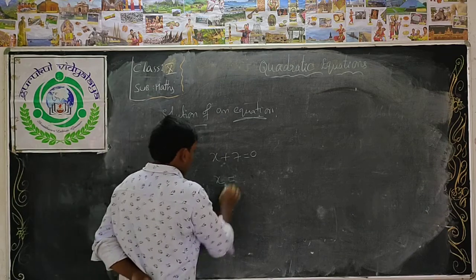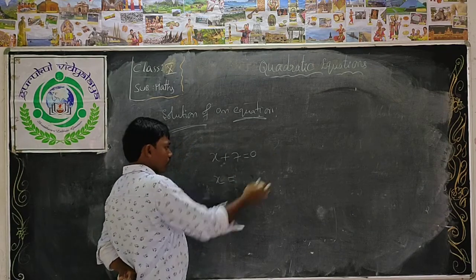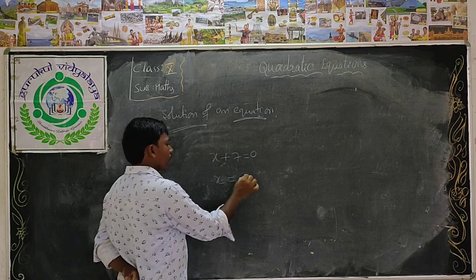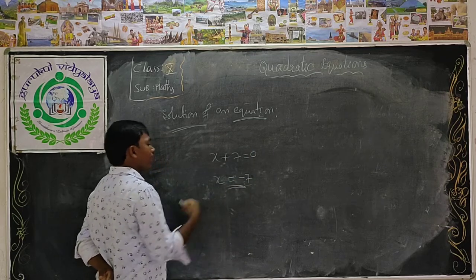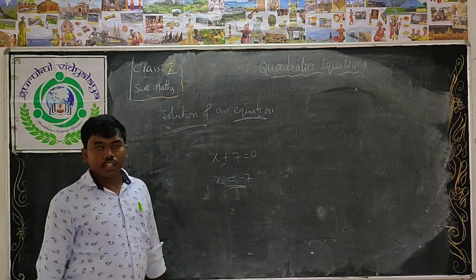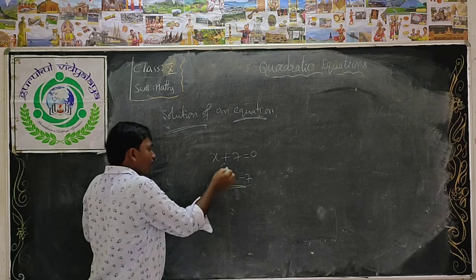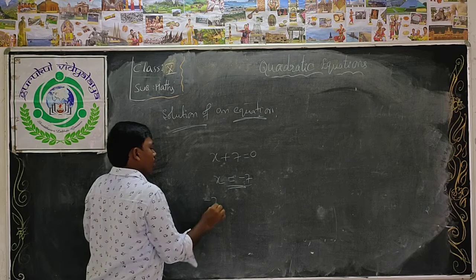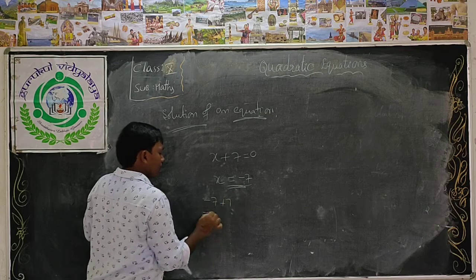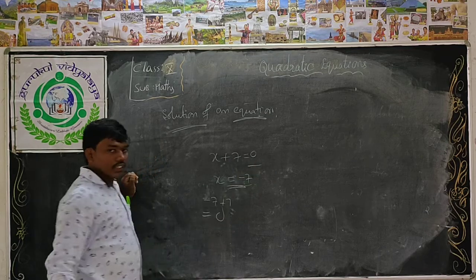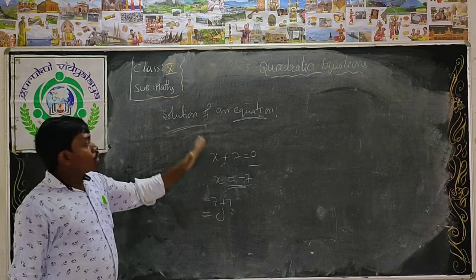See, plus 7 transforming to the RHS will become minus 7. So minus 7 is the solution of the equation. Check once otherwise: instead of x we substitute minus 7, and plus 7 gives RHS zero. Yes, this is the solution of the equation.